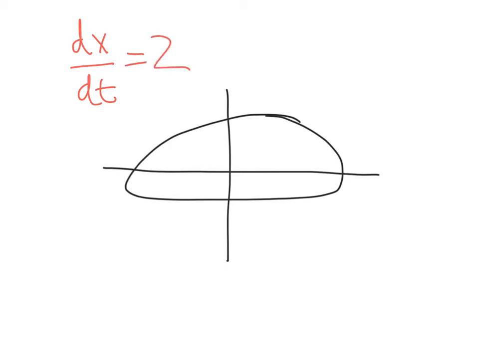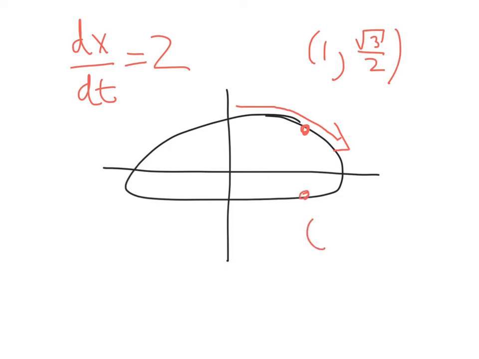So we want to look at the fact that the x value is increasing as time increases, which you can see is happening as I draw the red arrow. Notice the direction of the y, though, is going down. So at the point (1, square root of 3 divided by 2), it should make sense that dy/dt, the change in y with respect to time, would be negative.